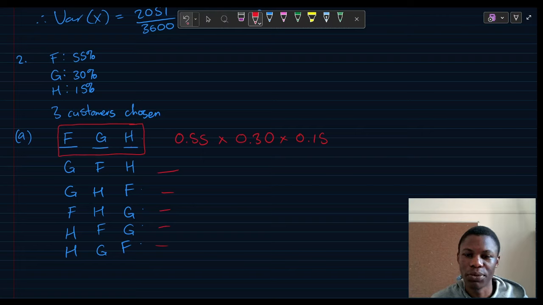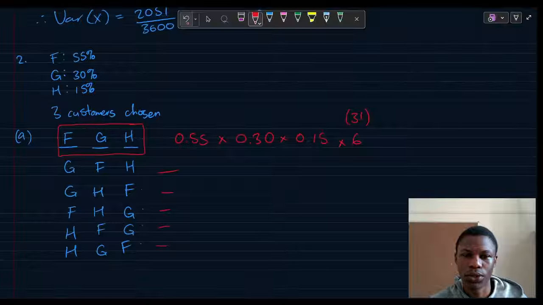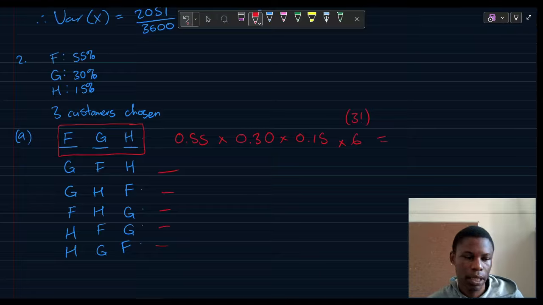Just that the numbers will be in different orders, but it will all multiply to the same thing. So instead of evaluating all 6 different scenarios separately, I can just multiply by 6. Or you could have said that I can arrange this FGH in 6 different ways, which would have been from 3 factorial. So instead of 6, you can put 3 factorial. Okay, I hope that makes sense.